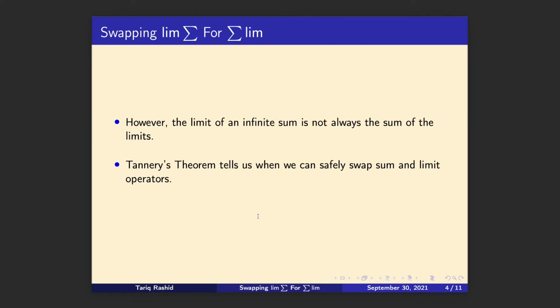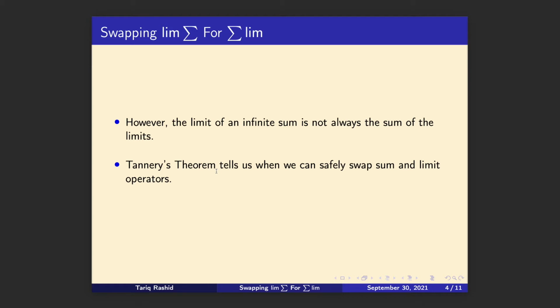So we're just saying here that the limit of an infinite sum is not always the sum of the individual limits. That's not always true. There's a theorem called Tannery's theorem, and it's really useful. It's not that well known for some reason, and I think it's because there are more general theorems that people use, and this is a special case of those.